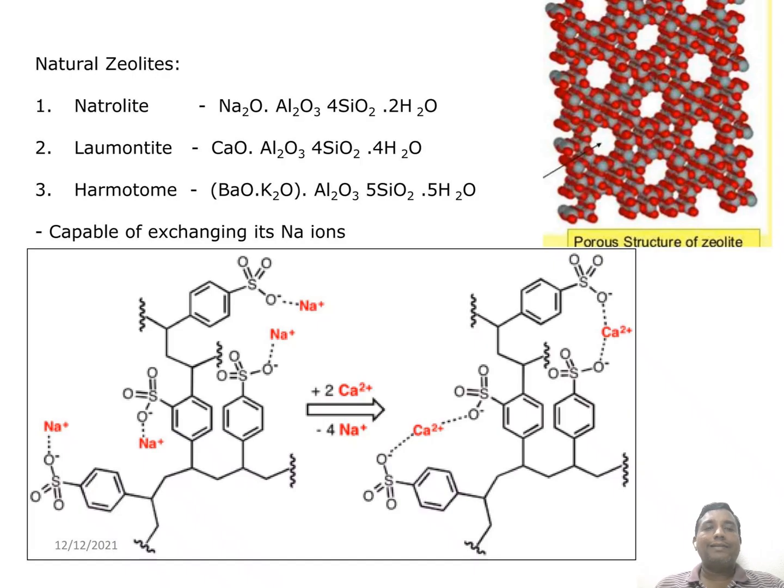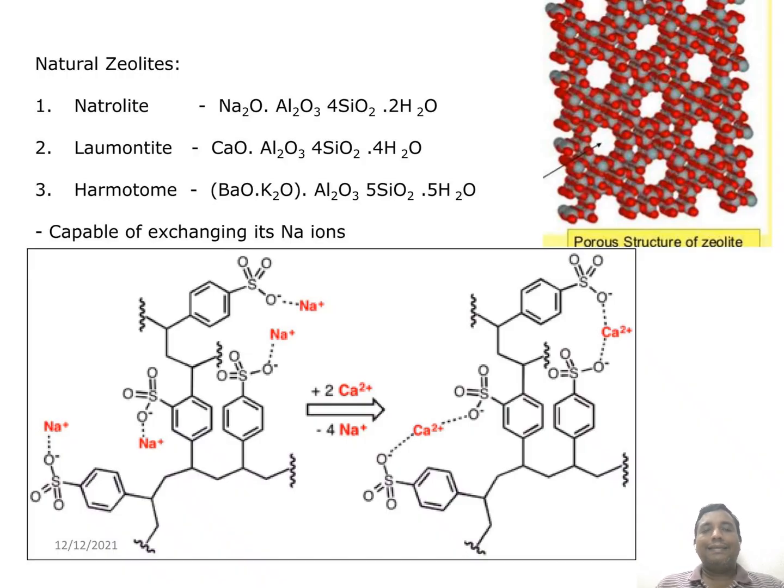Generally, the natural zeolites are in the form of natrolite, laumontite, and harmotome. Natrolite has the general formula Na2O.Al2O3.4SiO2.2H2O. Laumontite: CaO.Al2O3.4SiO2.4H2O. Next, harmotome: BaO.K2O.Al2O3.5SiO2.5H2O.